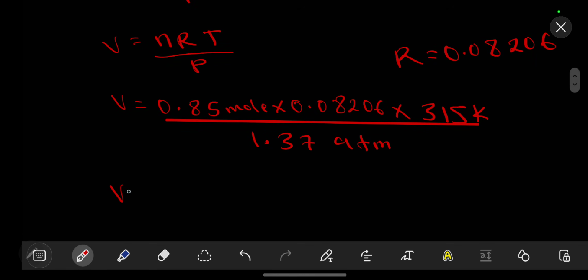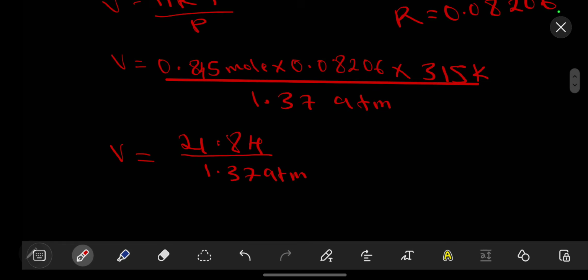If we multiply this, 0.845 times 0.08206 times 315, we are going to get 21.84, then we divide by 1.37 atmospheres.